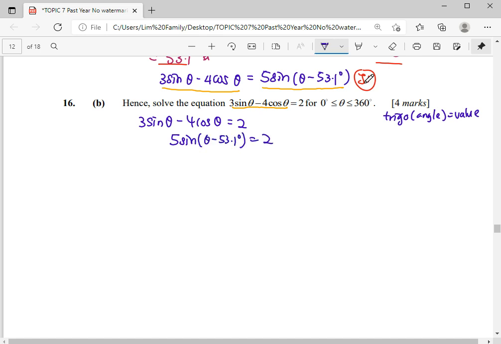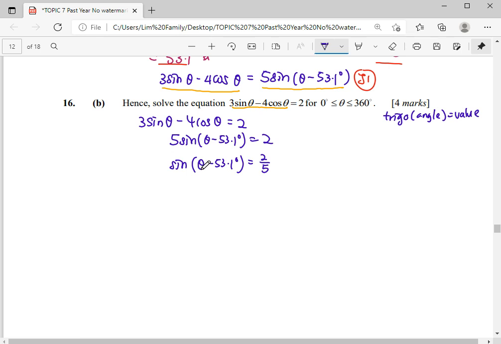Then you will notice that we are close to the format that we can solve. So we need to move the value 5 to the right hand side. Then we achieve three goals, which are sine, angle is theta minus 53.1, and value is 2 over 5. So this is the format that we can solve, which means we can find our theta.